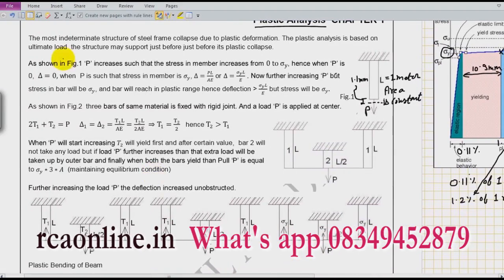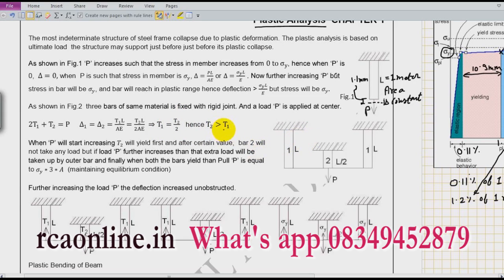I have given the derivation here, but I will discuss the compatibility equation and other things in strength of material. Just here I am giving you a view that if you solve, you will get that T1 is T2 by 2, which means that the load taken by T1 is less.